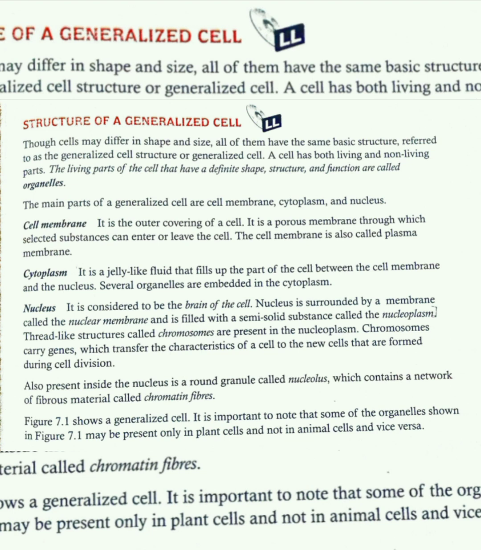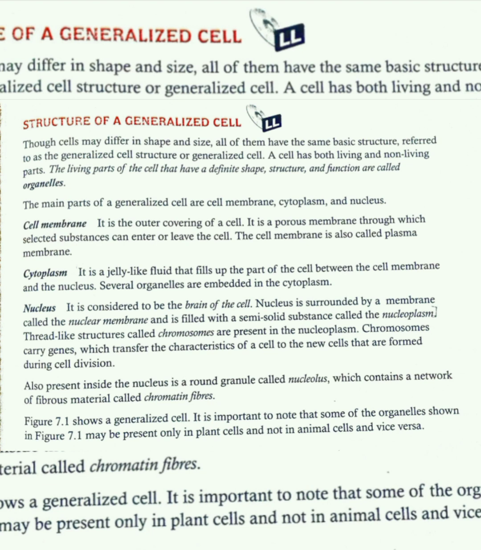Cytoplasm. It is a jelly-like fluid that fills up the part of the cell between the cell membrane and the nucleus. Several cell organelles are embedded in the cytoplasm. Nucleus. It is known as the brain of the cell. The nucleus is surrounded by a membrane called the nuclear membrane, and it is filled with a semi-solid substance known as the nucleoplasm.